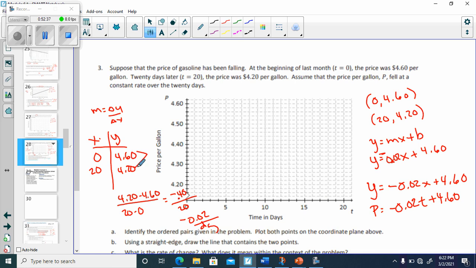Identify the ordered pairs. We did that. Plot them on the graph. Let's see. 0 is 460. Okay, 20 days is 420. All right. Now, we've got those 2 points. What we need to do is connect the 2 points to create our line. So we're just going to connect the 2 points to create our line.